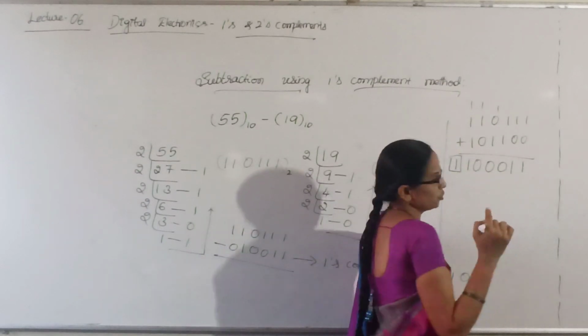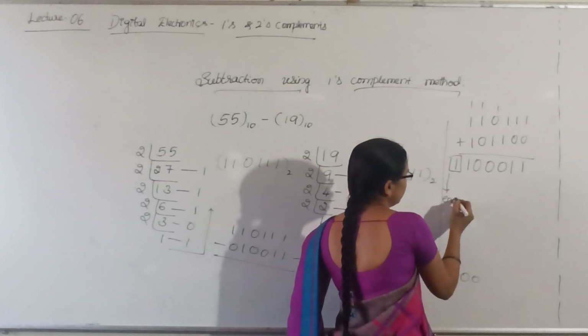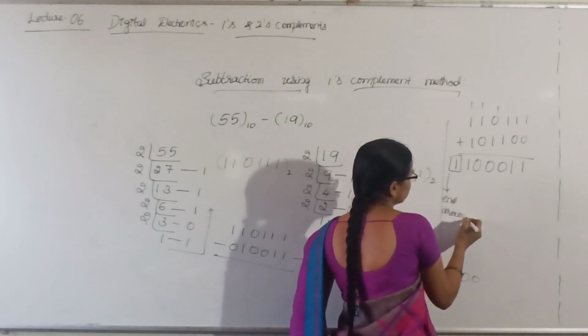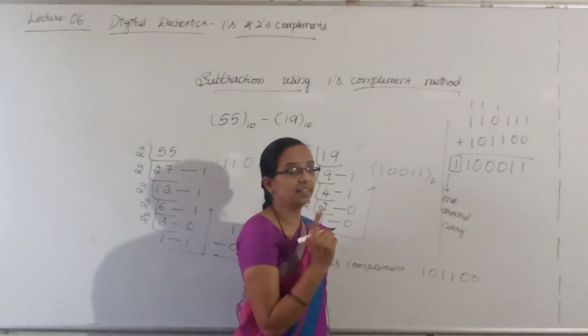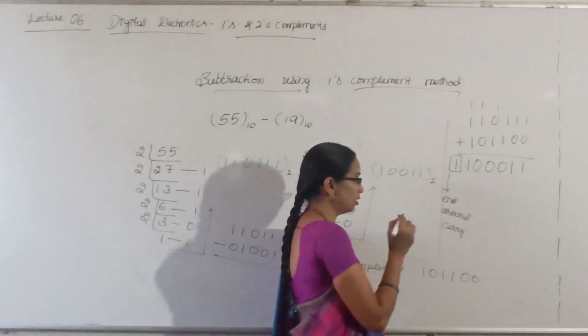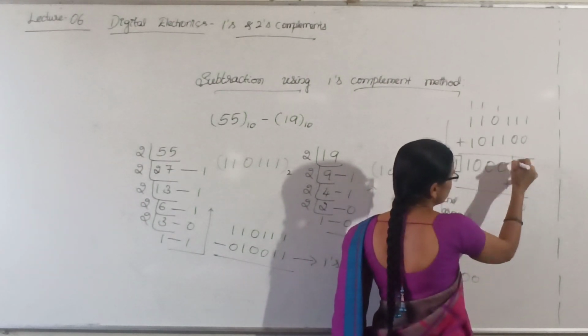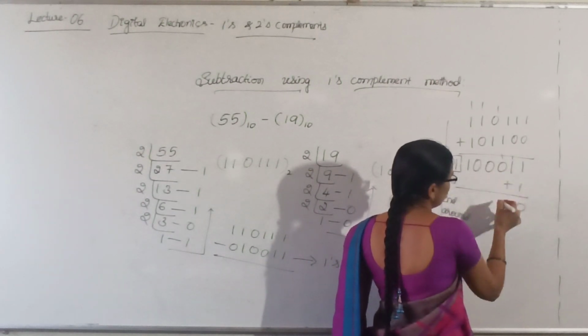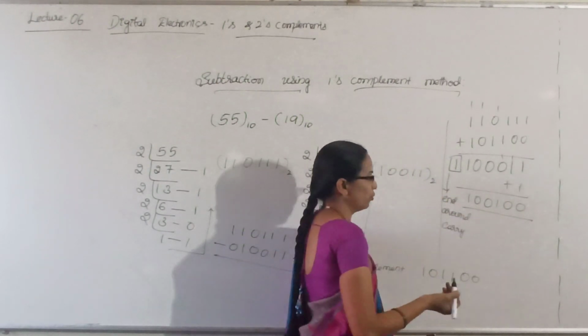Always you will end up with an end around carry. Always there should be a carry. If you are not getting a carry in the last bit addition, that means your problem is wrong. And add 1 to it. 1 plus 1 is 0, 1 plus 1 is 0. 100100. Convert this if you want.